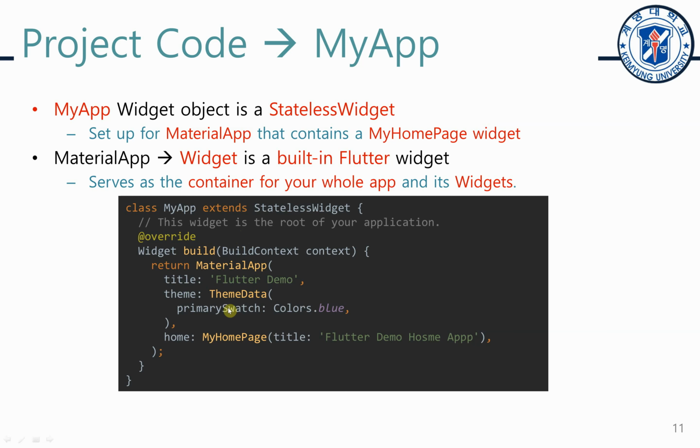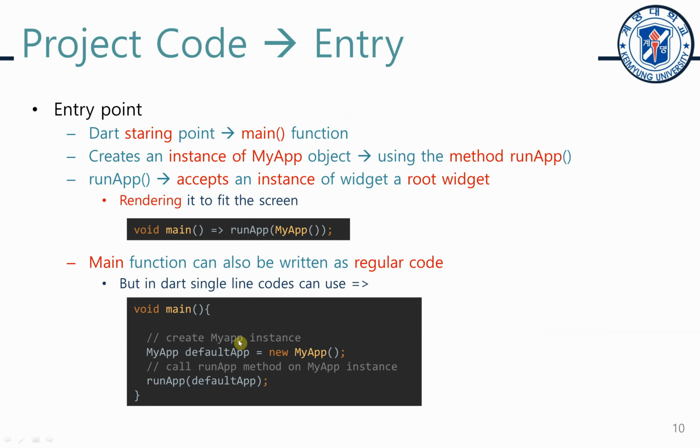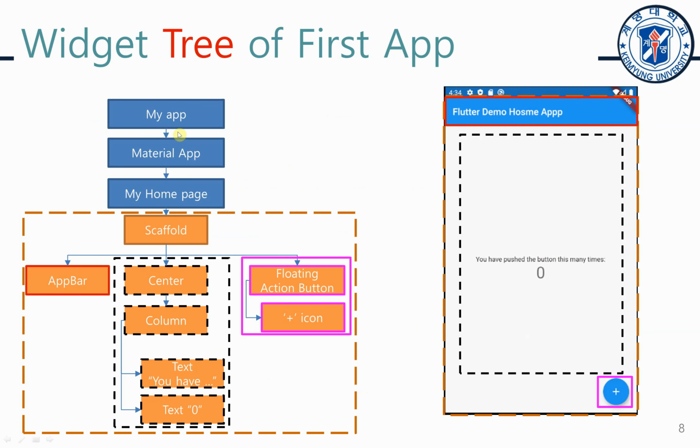You can see that I call my app at the beginning, and run app calls my app, and my app contains material app, and the material app contains my homepage. This will be different for different apps depending on the class.